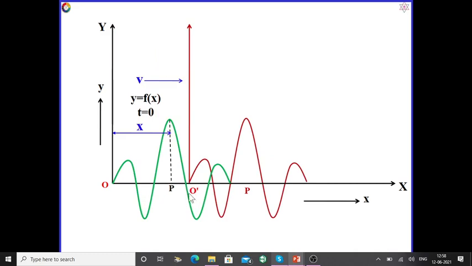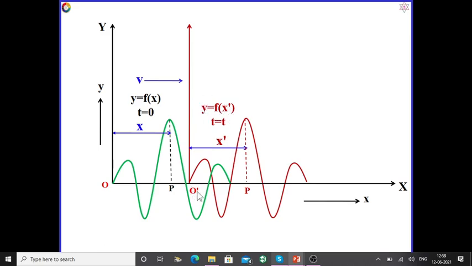So this is your O dash frame of reference, another frame of reference, and from this frame of reference, that means from O dash, this point will be at distance x dash. Okay, so if we consider the O dash frame and the corresponding positions on the x axis and its corresponding disturbance along the y axis, that can be represented by the function y equal to f of x dash, right?